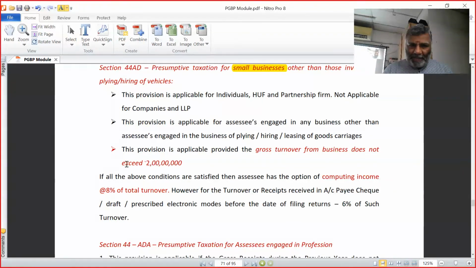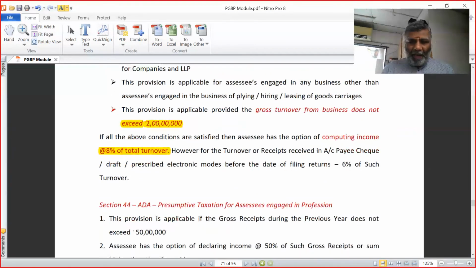Gross turnover does not exceed 2 crores. Income is 8% of gross turnover, and if it is through banking channel, 6% of turnover. If the entire income is through approved channels, then 6% of turnover through approved channels. Common condition, I will write it last.